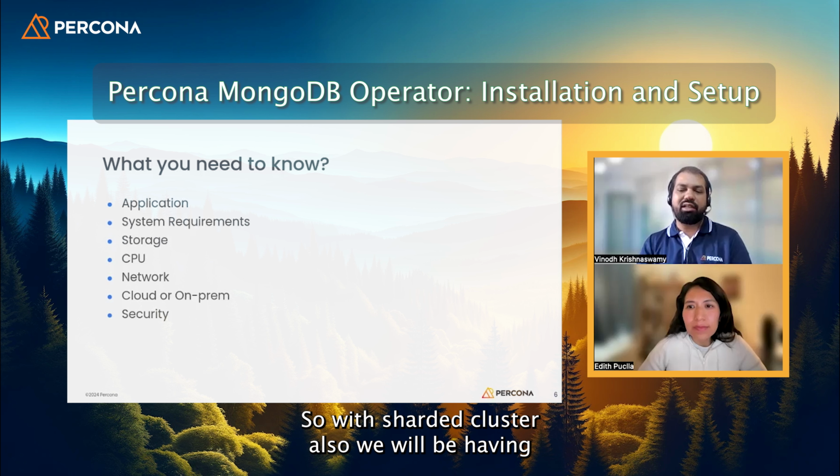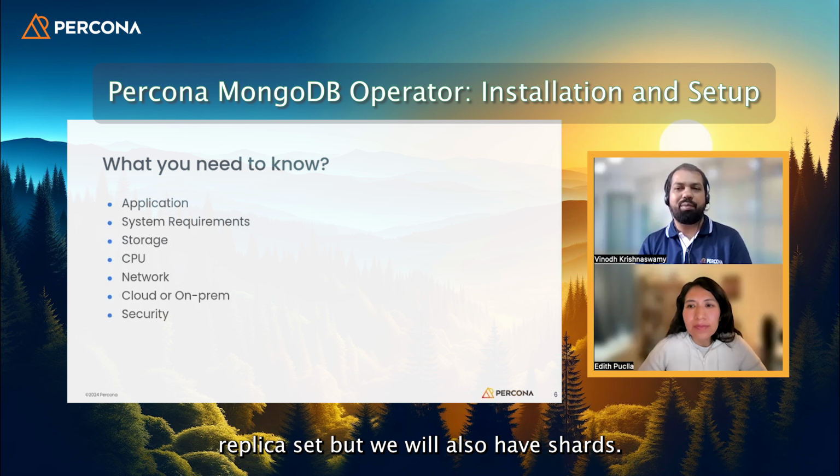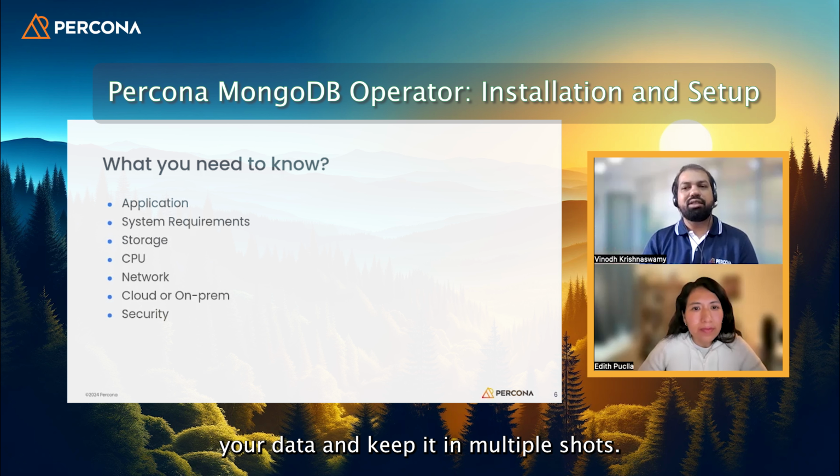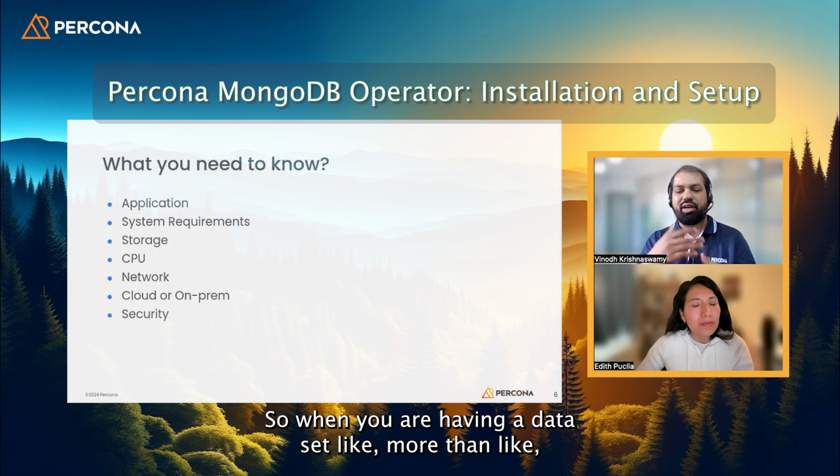With a sharded cluster, we'll also have replica sets, but we'll also have shards, so you can shard your collections, split up your data and keep it in multiple shards. When your data size is more than 1 or 2 terabytes, you can go with shards. Otherwise, you are good with a replica set.